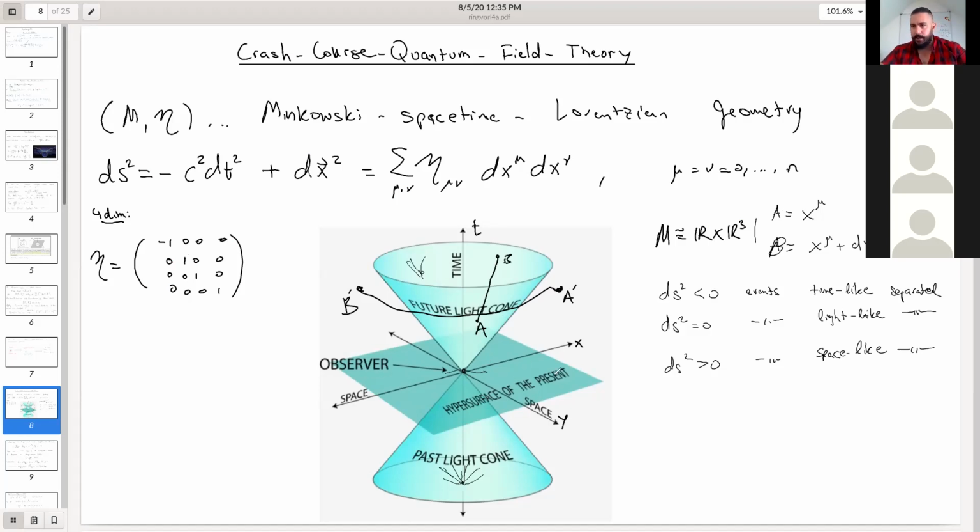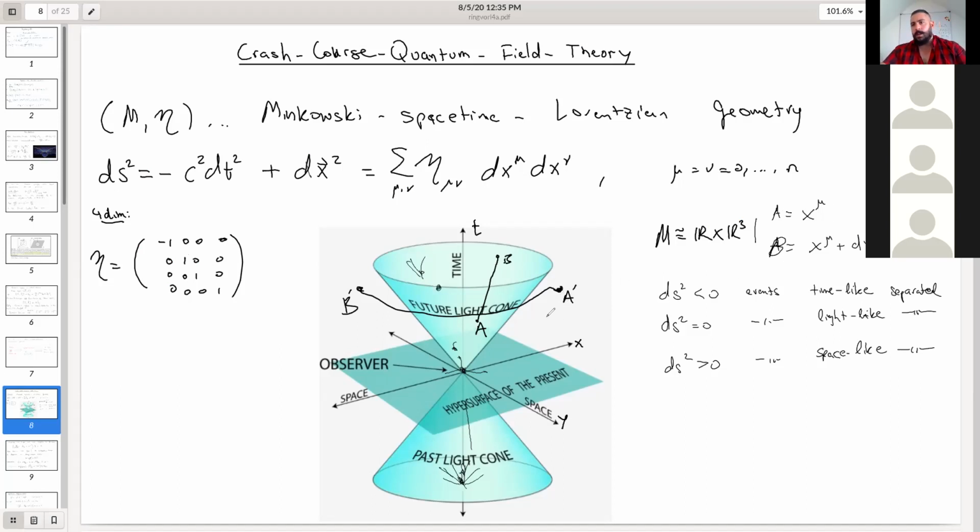Here we have the hypersurface of the present, and everything in here is, in a sense, causally related. So what happens here can influence what happens here, while what happens here cannot influence what happened there, because the time goes backwards. Now you take 2 random events, x mu and x mu plus dx mu, okay?